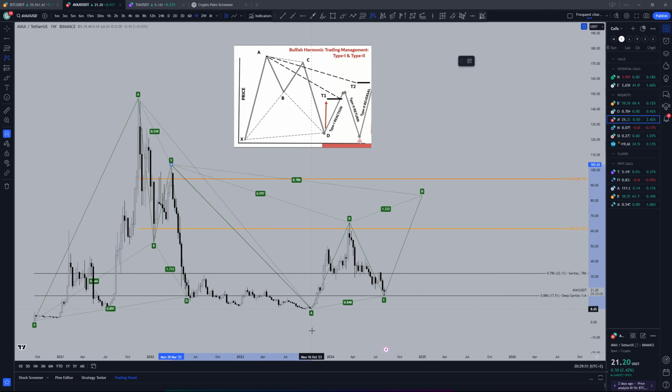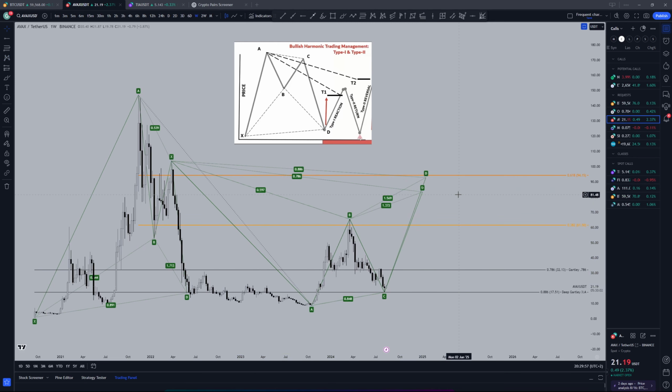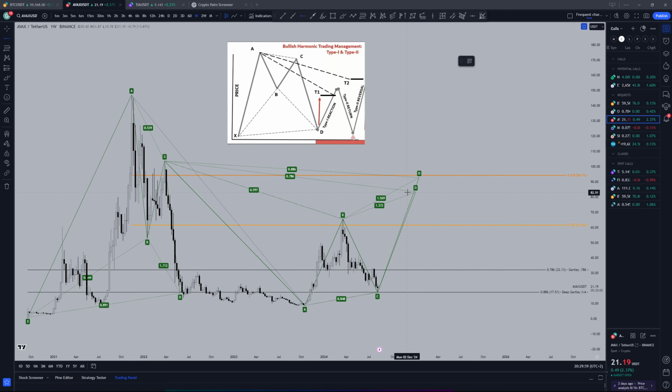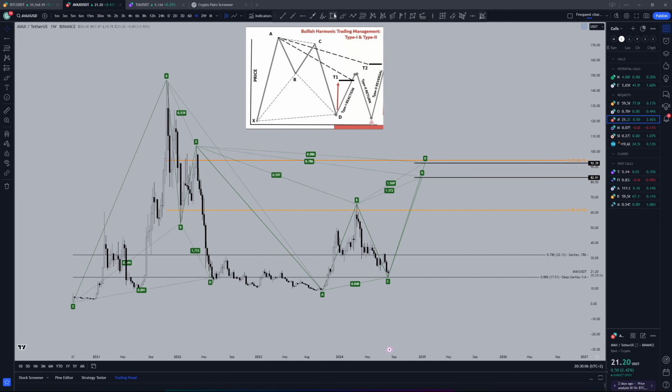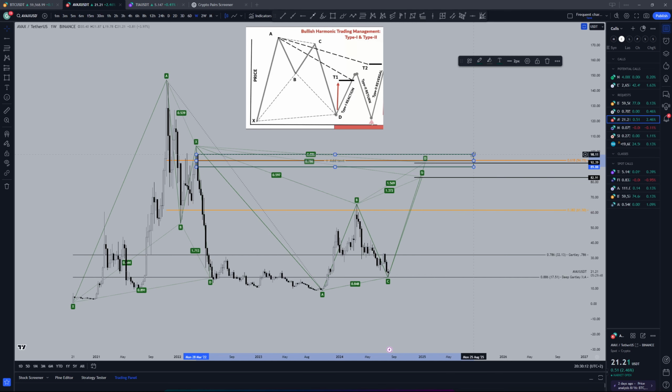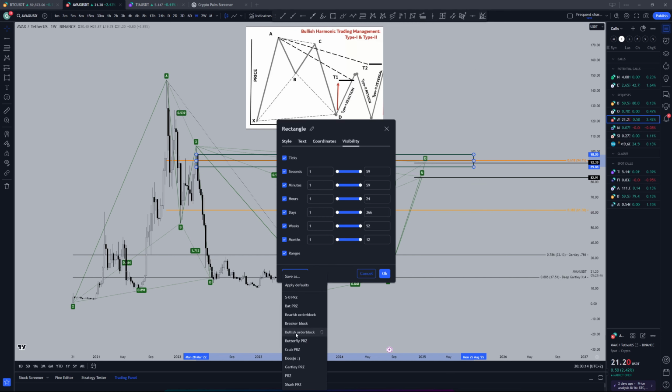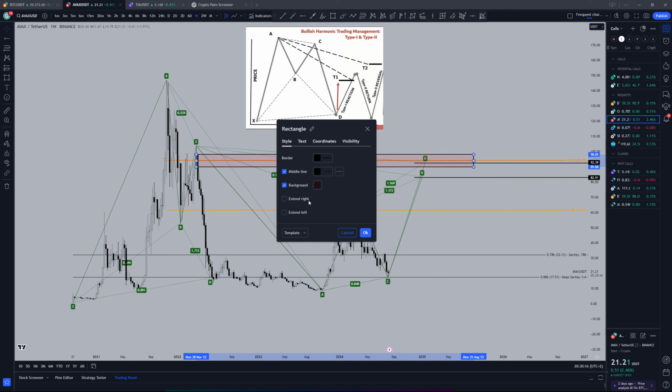And we have our Gartley 786 right over there, so we have our 886 right over here. Just going to mark them out like this. And we also have a monthly order block right over there. So there's the order block. I'm going to make it a bit lighter.